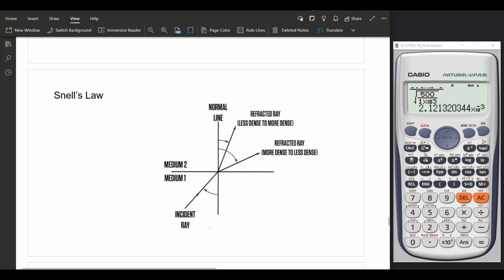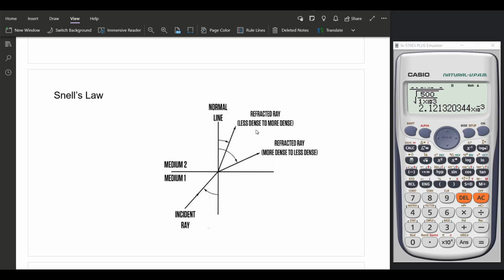Okay? Pero kapag halimbawa, yung signal mo or yung wave mo is galing siya sa more dense, papunta siya sa less dense, ang angle of refraction mo is lalayo siya dun sa normal line. So, lalayo. It moves away. Okay? So, that is the property of the waves.